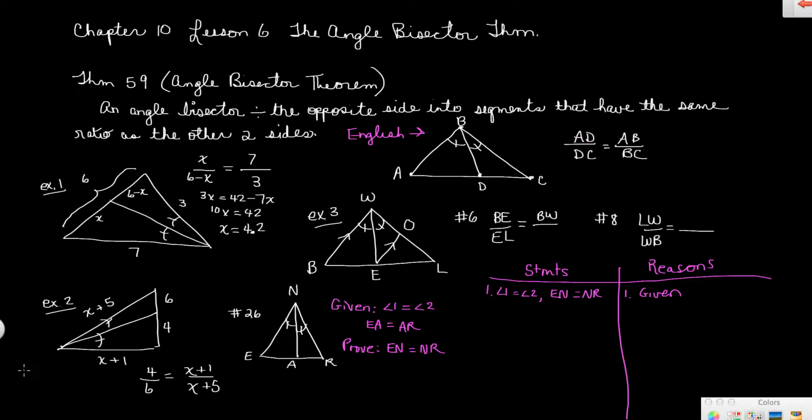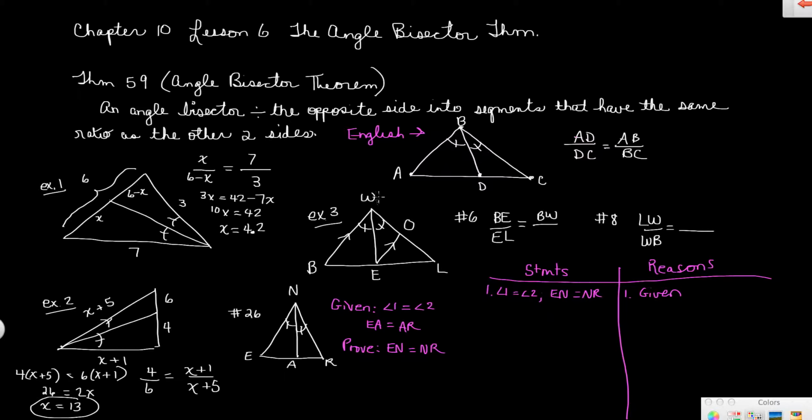So we get 4 times x plus 5 equals 6 times x plus 1. And if we do all that solving, we get 26 equals 2x, x equals 13. Hopefully you guys can solve those equations.